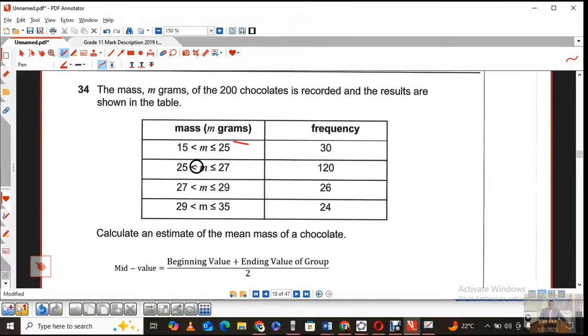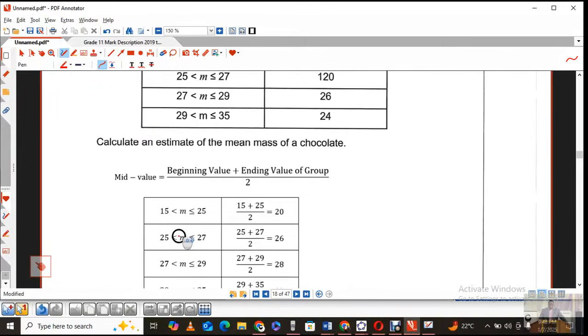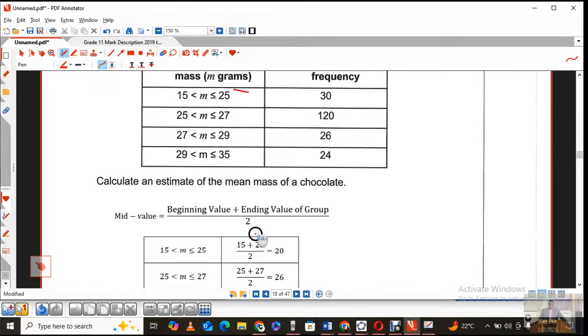Then you do the same thing, the mid between 25 and 27. What is the average there, dividing by 2? And all those mid intervals, once you have them, you will now multiply them by the frequency. So I've done it. I take 15 plus 25 and I divide by 2. Be very careful, some calculators you must put brackets here, otherwise you're not going to get that answer.